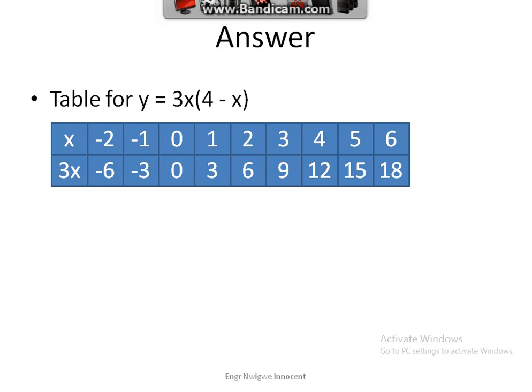Then the next figure here is 3x multiplying 4 minus x. Then we now substitute x into 4 minus x. Then we now have 4 minus x for all the values in the tabulation. Then we now have 4 minus -2.